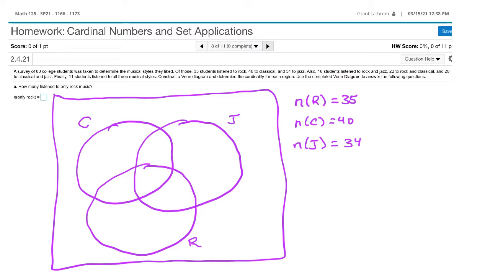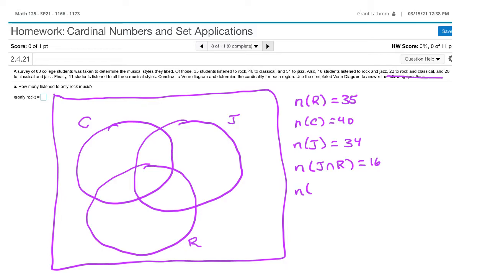Then we're told that 16 of the students listen to rock and jazz. So the cardinality of the intersection of rock and jazz, R and J, is going to be 16 students. We're told that 22 of them listen to rock and classical.